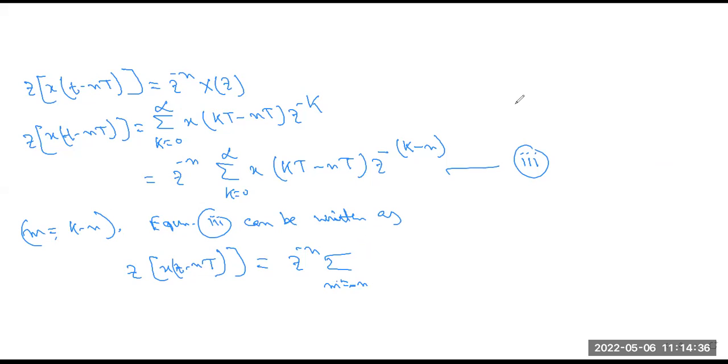So m is equal to minus n to the plus infinite range. Sorry for that.